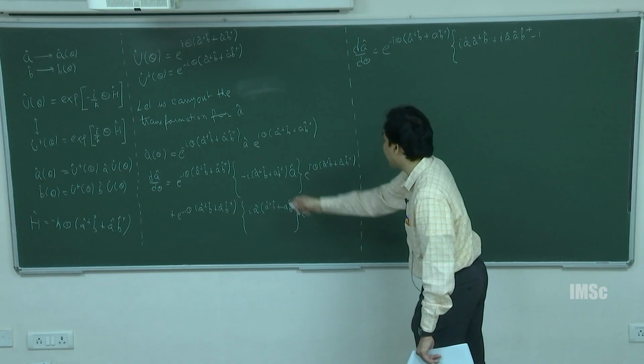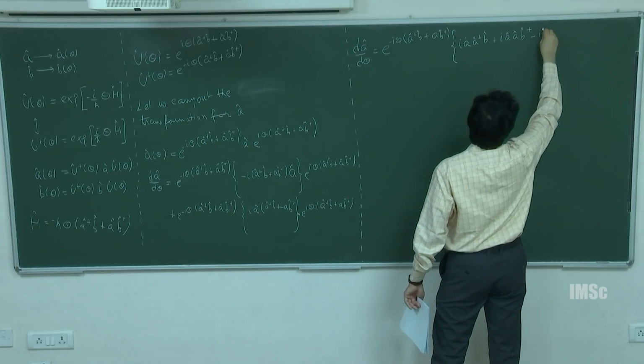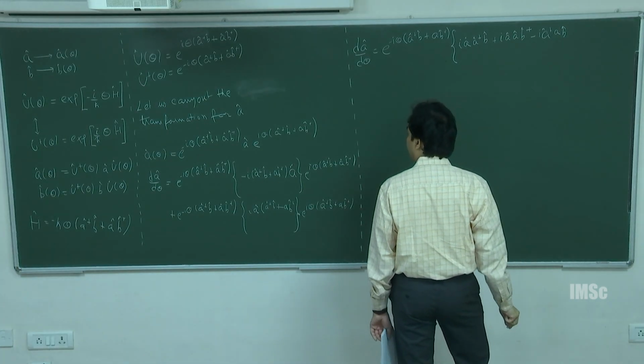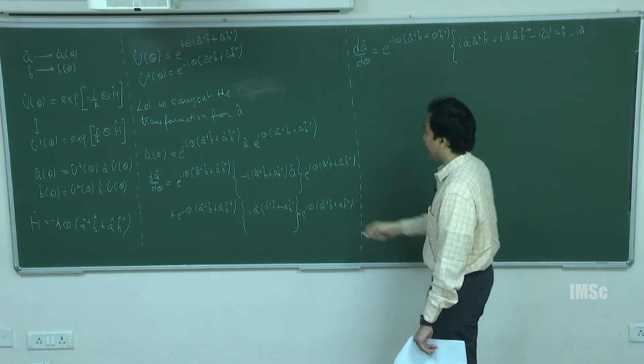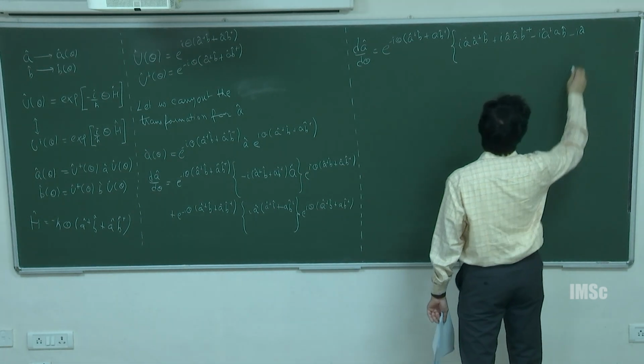That can be written as A dagger A B, because B and A commute. Minus i A B dagger A. Again we can write it as A B dagger, because B dagger and A commute.